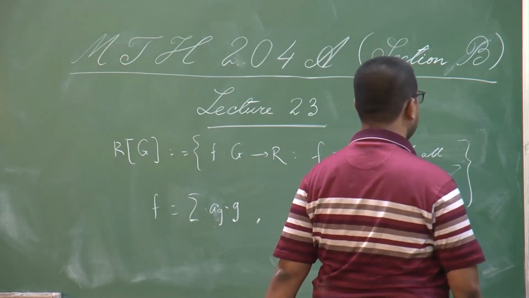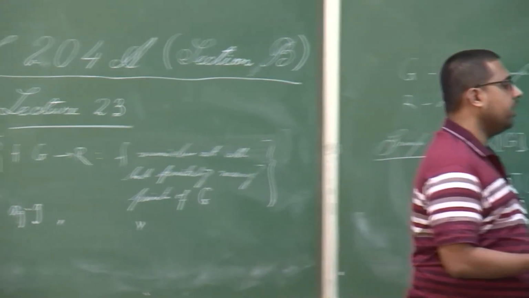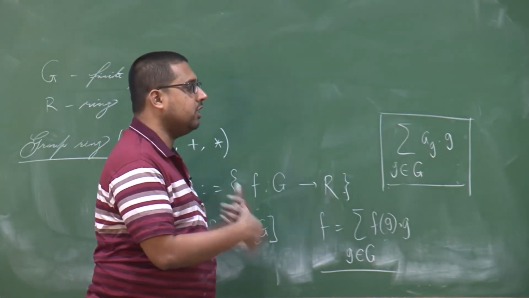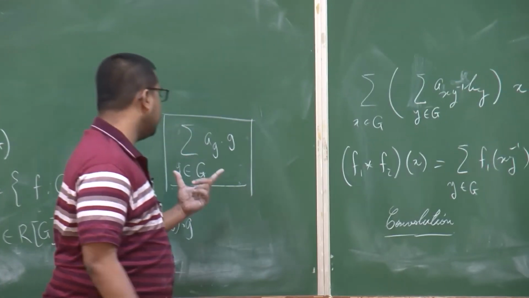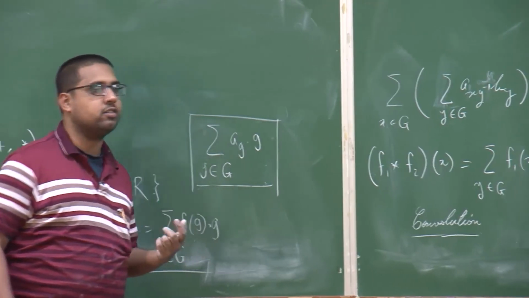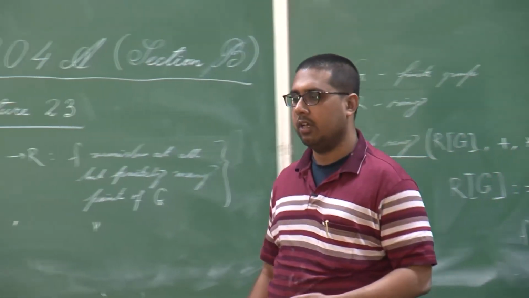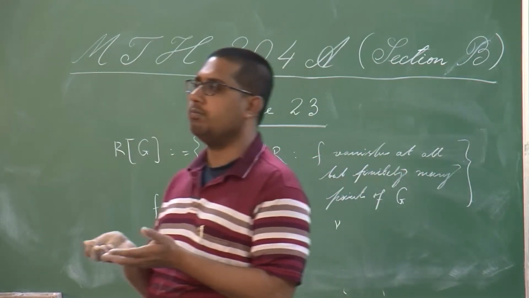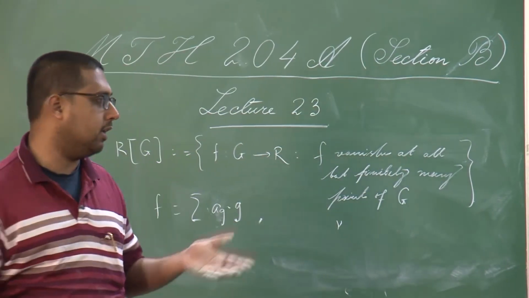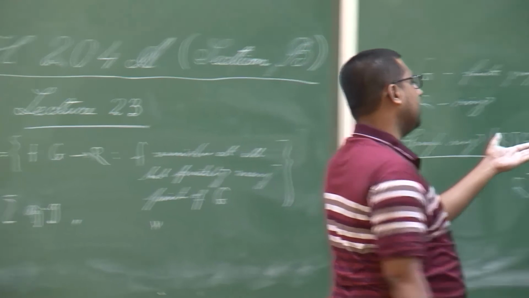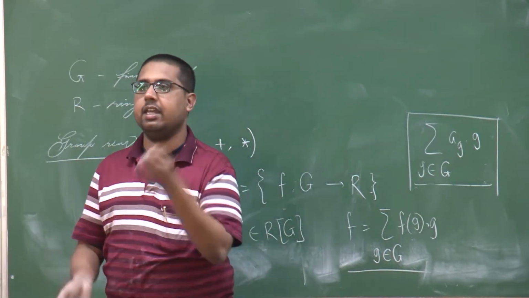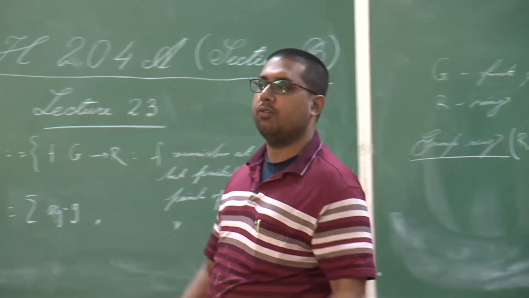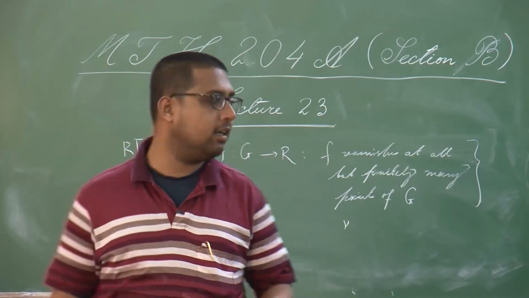It is customary, whenever we are talking about this RG, to write the elements by such symbols. So, if we want to see how the addition of two functions looks when written using the symbol, then like that of the finite case, we are just adding the coefficients corresponding to every group element g.